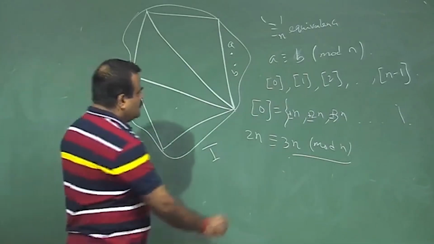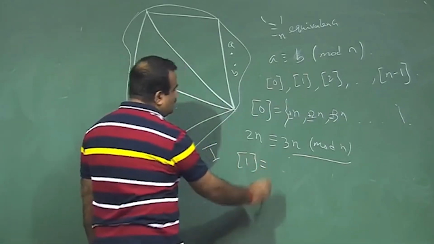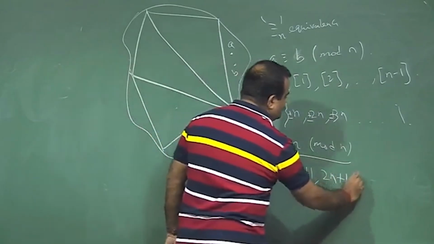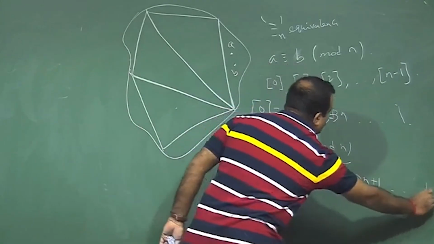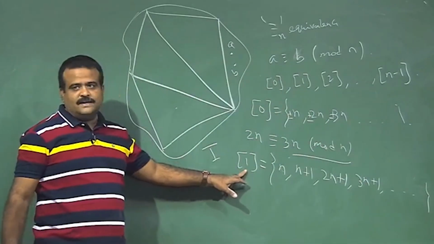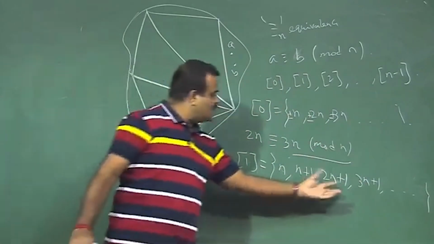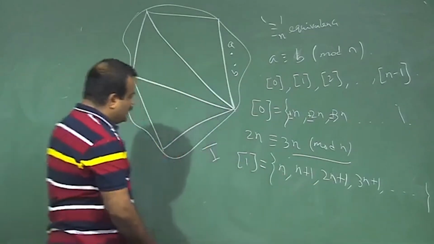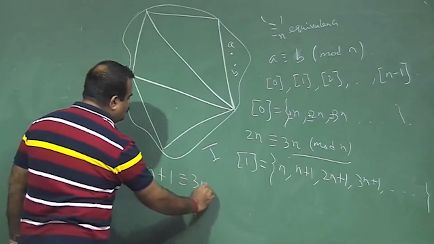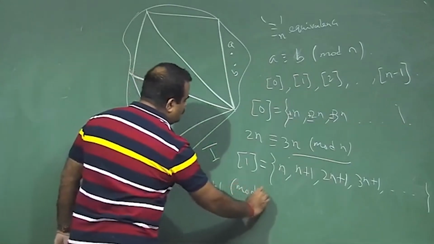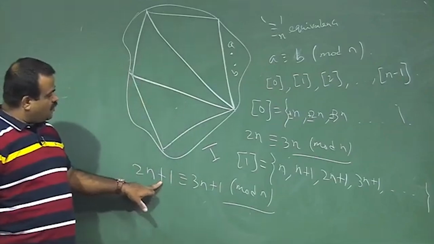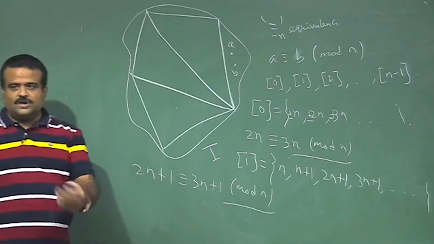Similarly, for another class the remainder is 1. So, n plus 1, 2n plus 1, 3n plus 1, like this. These are all the integers which belong to the class where the remainder is 1. If you take any two such integers, they are related. So 2n plus 1 is congruent to 3n plus 1 mod n, because their remainder is the same. 2n plus 1 mod n is 1, 3n plus 1 mod n is 1.